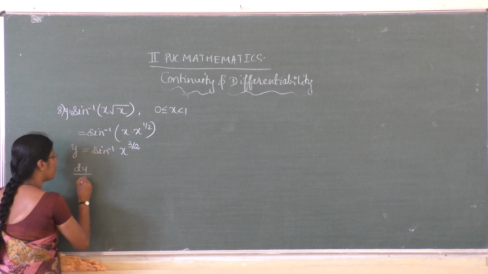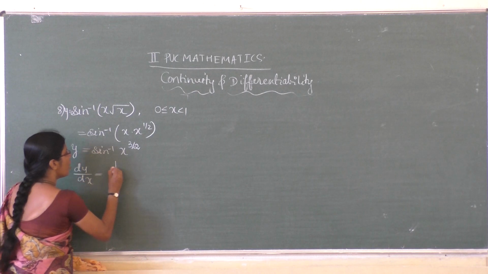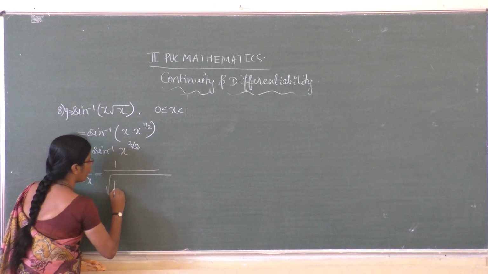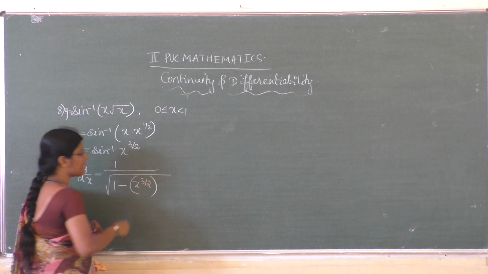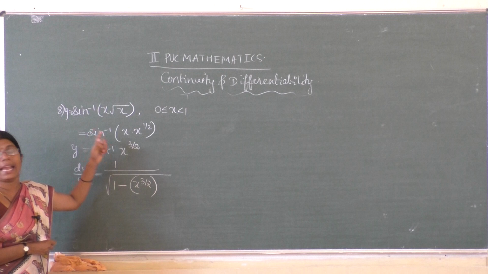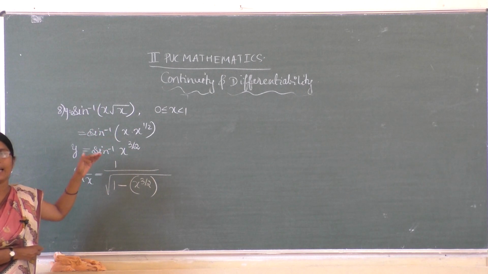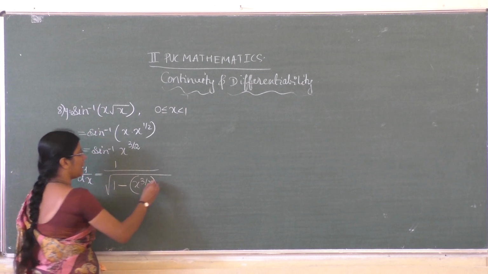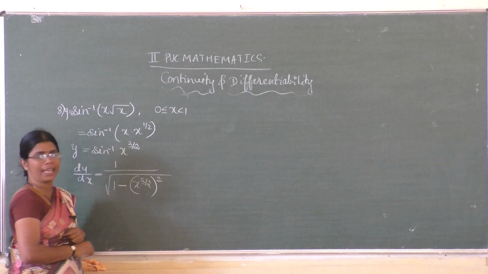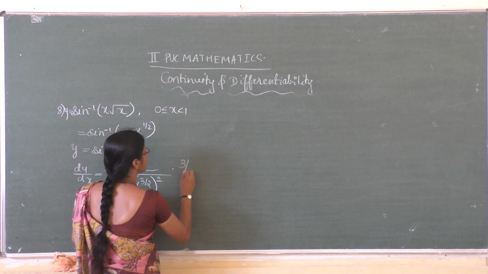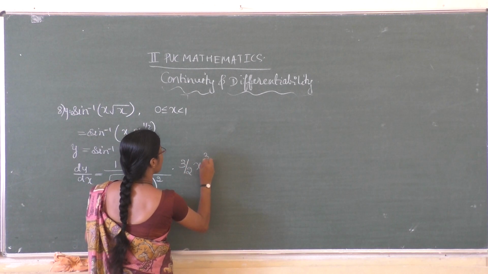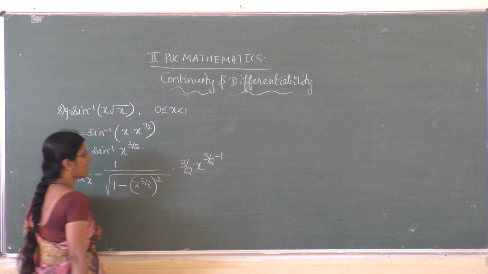So dy by dx is equal to 1 by root of 1 minus x to the power 3 by 2 whole square, into the derivative of x to the power 3 by 2, that is 3 by 2 x to the power 3 by 2 minus 1.